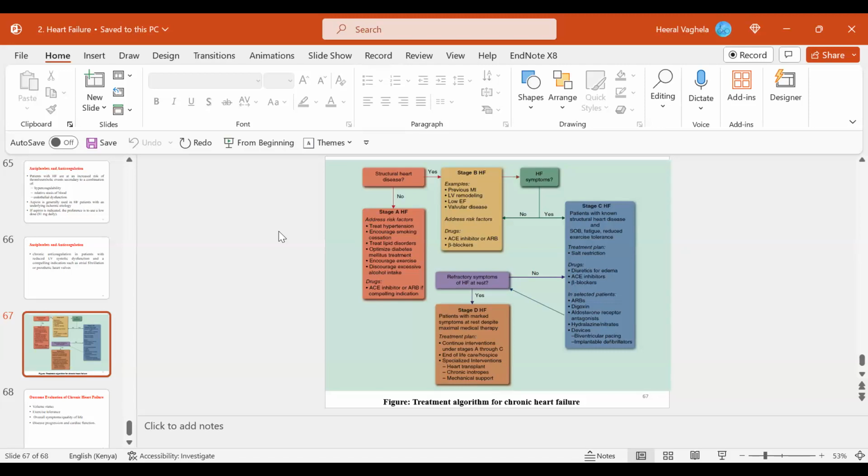What aldosterone antagonists like spironolactone do is again inhibit ventricular remodeling, and they also attenuate cardiac fibrosis.